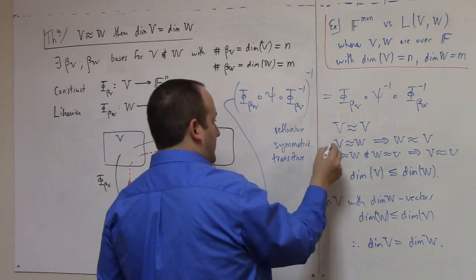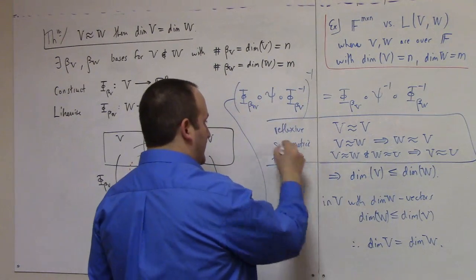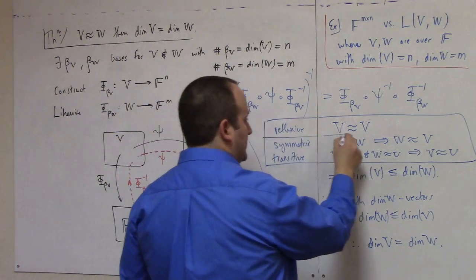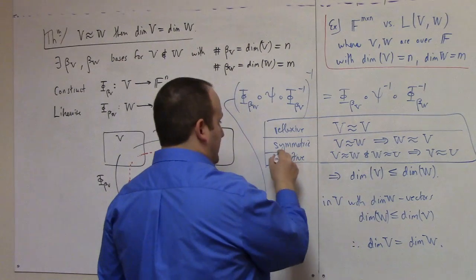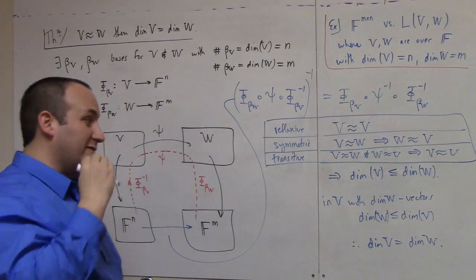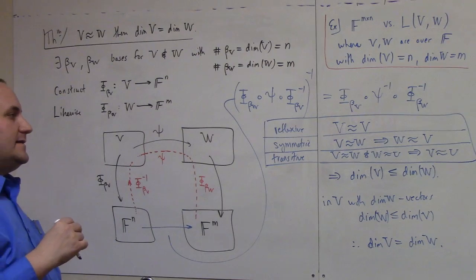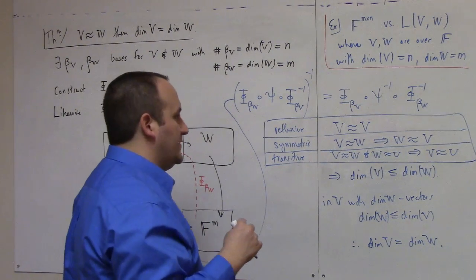This, of course, is wonderful because that means that isomorphism is an equivalence relation on the space of all vector spaces. So what that means is it partitions the space of all vector spaces into equivalence classes, as hopefully you learned about in Math 200. I hope you did.